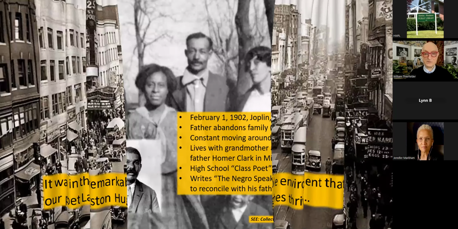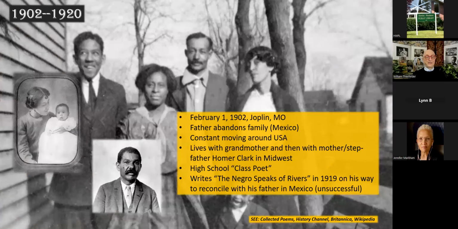As the curtain parts, we can say this. Langston Hughes was born on February 1st, so it's his birthday month, 1902, in Joplin, Missouri. When he was a small boy, his father, James, abandoned the family and moved to Mexico.